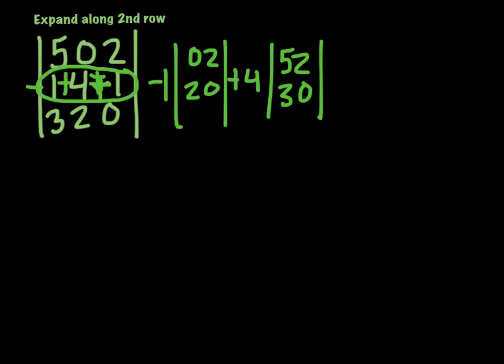And then I have minus negative 1, so plus 1 times that one's minor, which is 5, 0, 3, 2.